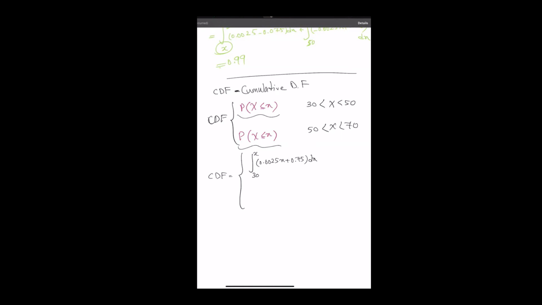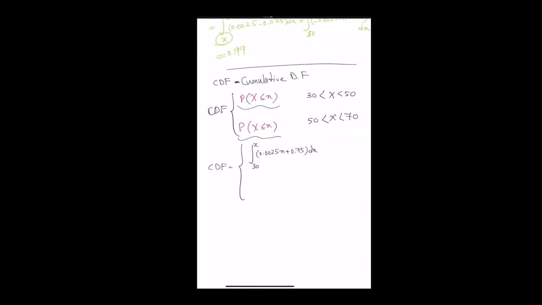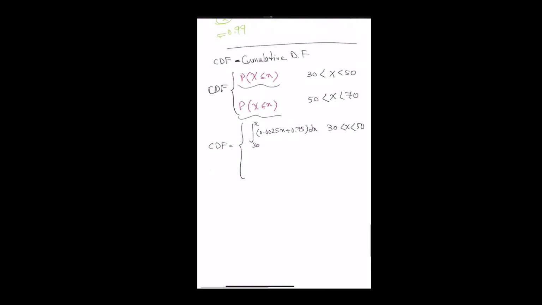Whatever we get from this. And the other one would be from 50 to x again. So this is for any x between 30 to 50.